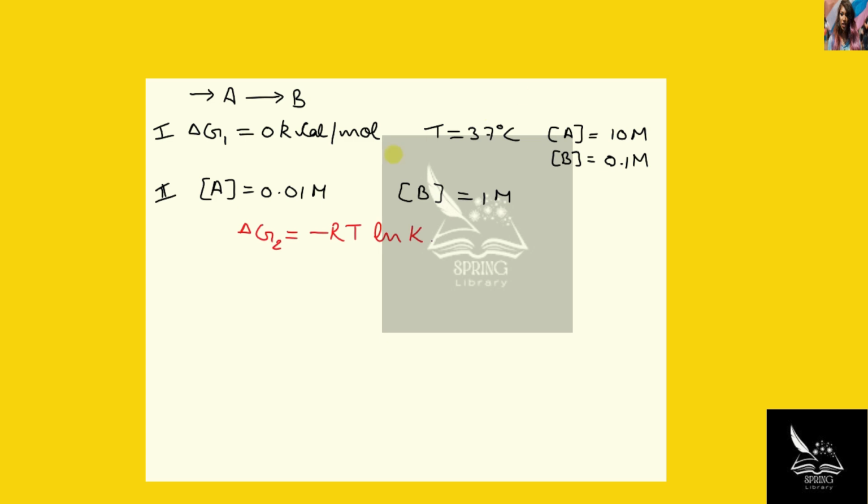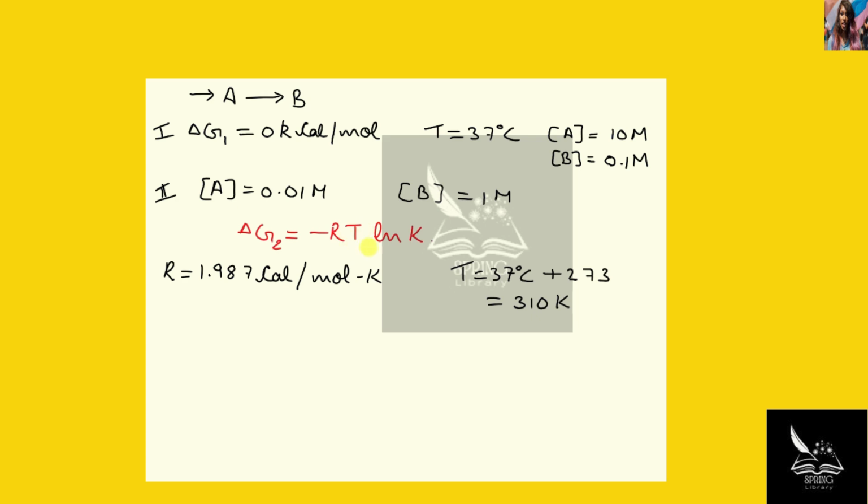R is the universal gas constant and it is equal to 1.987 calories per mole per Kelvin. Here T is 37 degrees Celsius. Now we need to convert this into Kelvin, so we add 273 and it is equal to 310 Kelvin.